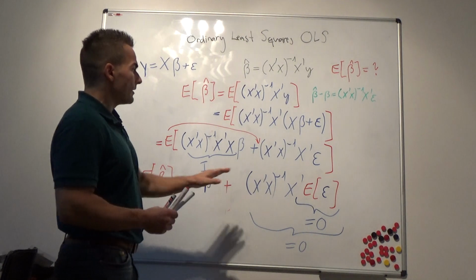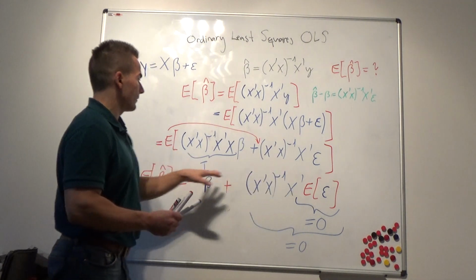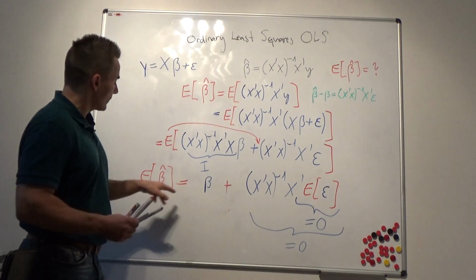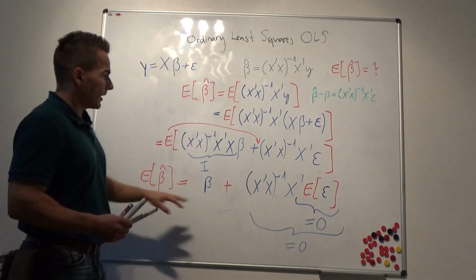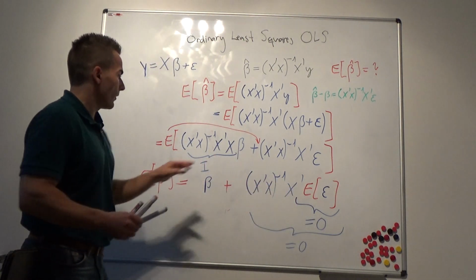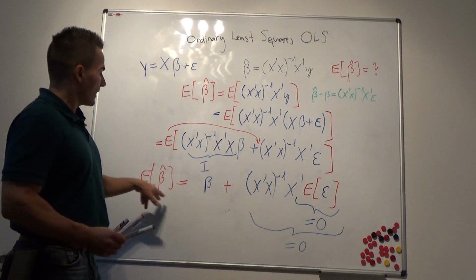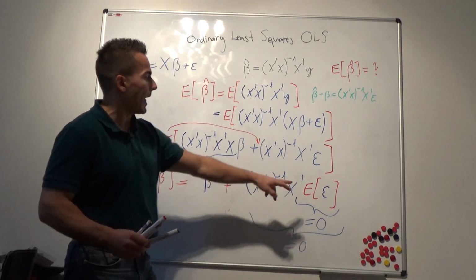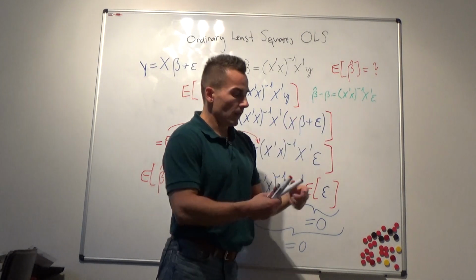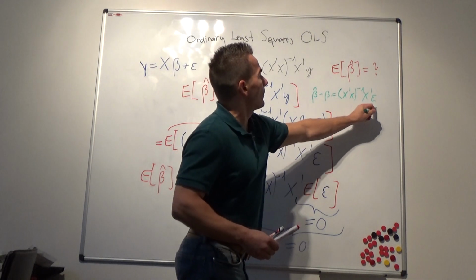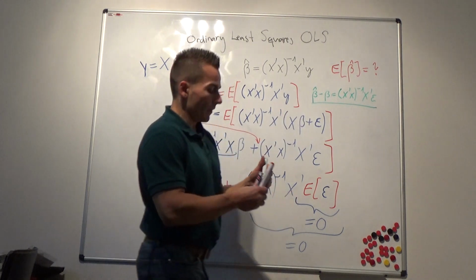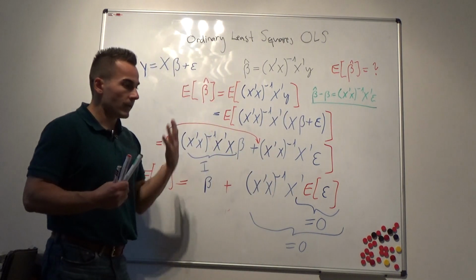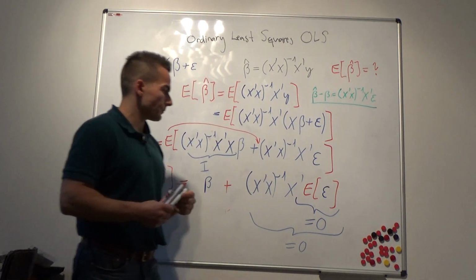Yeah, if we move this to the left hand side and we neglect the expectation operators, what comes out is beta hat minus beta is equal to x transposed x inverted x transposed times epsilon. That's an intermediate step from our analysis. This is important to bear in mind because we will need it later on.